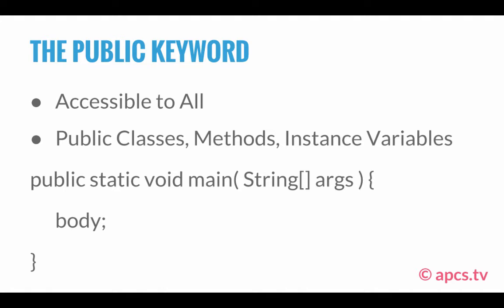If you remember, an object is an instance or a creation of a class. Think of the class as a blueprint, and the object as an actual build, like a blueprint of a car and a car. So public methods, public classes, or instance variables are things that are accessible to anyone. And remember, the AP Computer Science test will only have public classes.